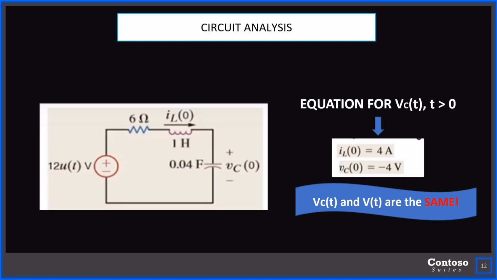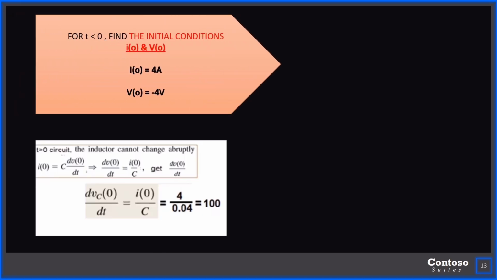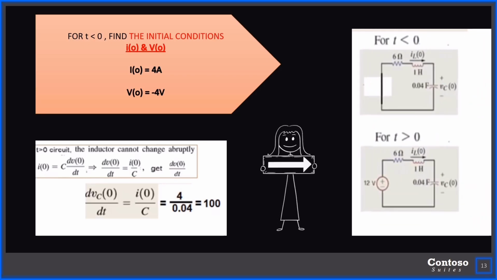Also, from the results of the calculation, we found out the voltage of the capacitor is the same as the voltage total. In analyzing this circuit, we first have to know the initial condition of both the current and the voltage. So that's the initial condition, t less than 0, and also t after the initial conditions.